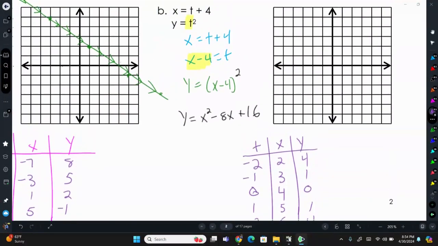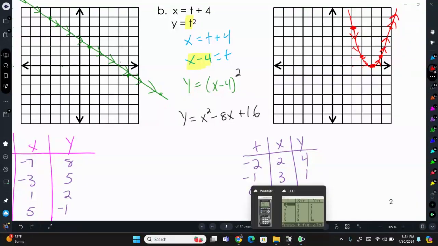So we're going to start at 2, 4. Then 3, 1, 4, 0, 5, 1, and 6 comma 4. So our graph connects like this, and it was going in this direction as we plotted those ordered pairs with our values of t.